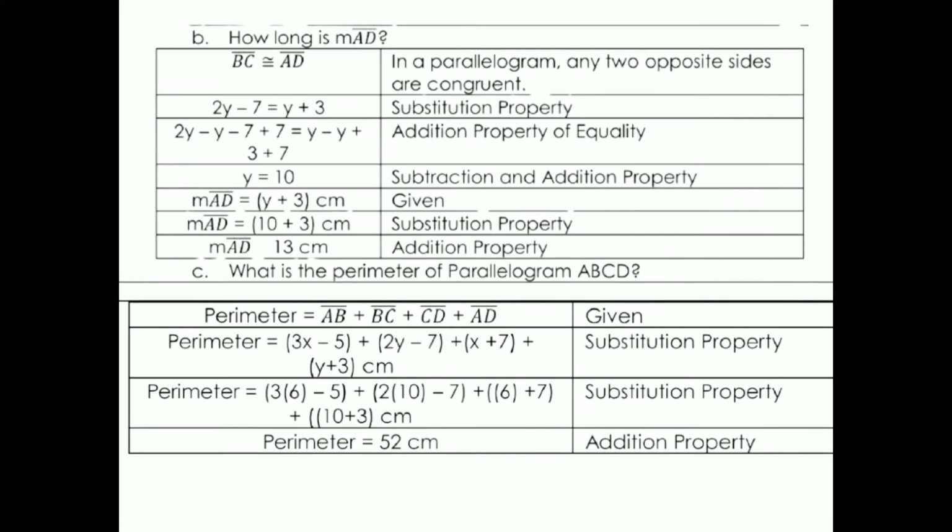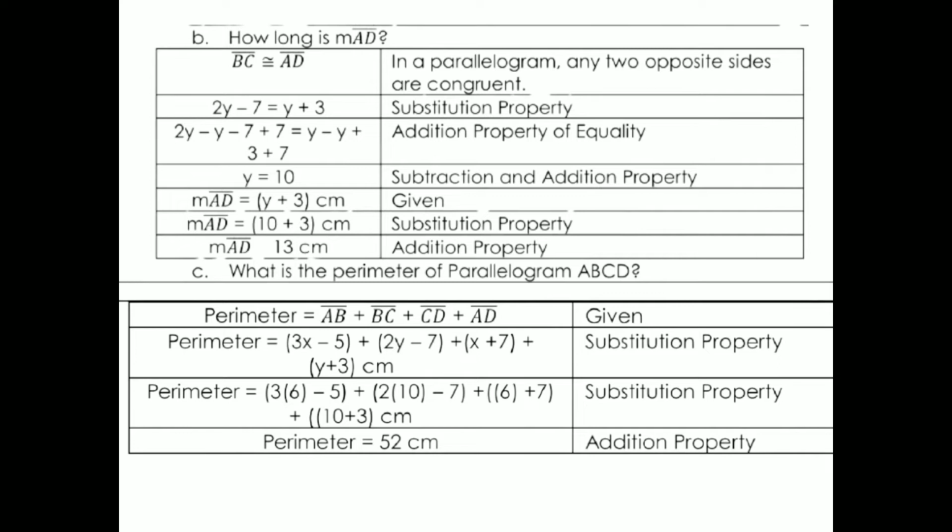So since yung given natin kanina is mayroong y and x na hinahanap, we have to just substitute yung mga nakuha nating value na x and y doon. O kaya, siyempre, nakuha na natin siya kanina, we have 13 cm and then yung isa, nakuha na rin natin yung isang side. So we just have to add that.